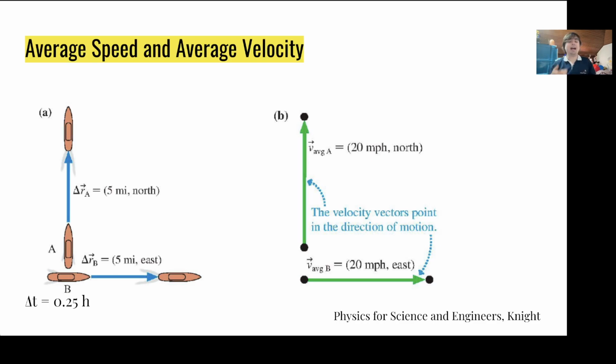And that's because the average speed is not a vector, and it only cares about the distance traveled and the average time. But if you have the velocity, then it would also include the original direction that it was pointing. So for boat A, it would be 20 miles per hour north, and boat B is 20 miles per hour east.